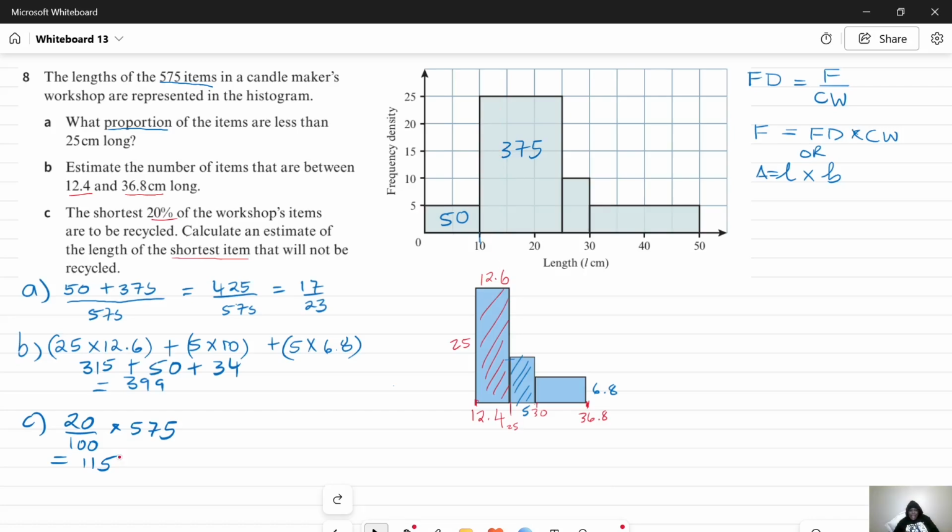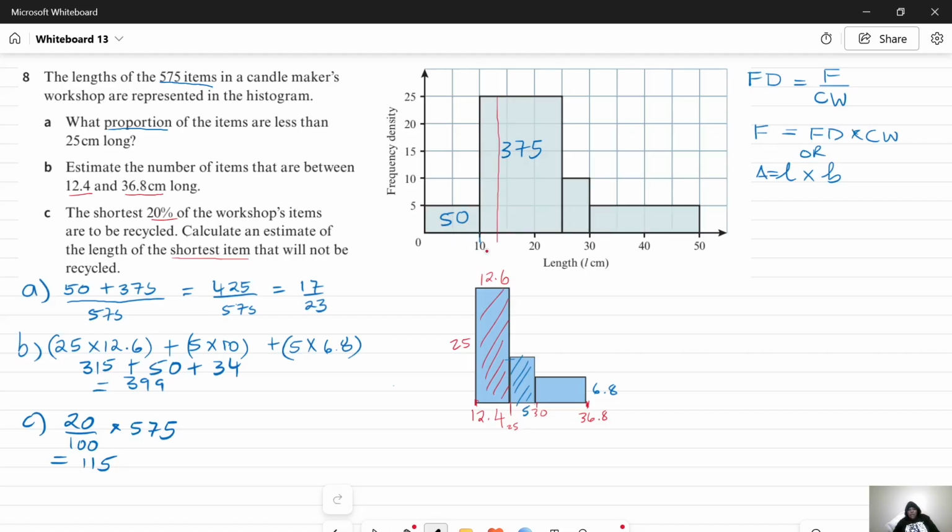115 items are the shortest items that will be recycled, right? So the 115th item will be the last, the upper bound of the items that will be recycled. I can already see 50 items from 0 to 10. So I need to get 65 from the next class.